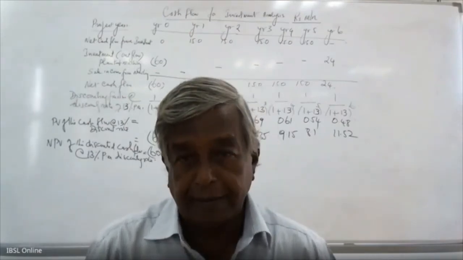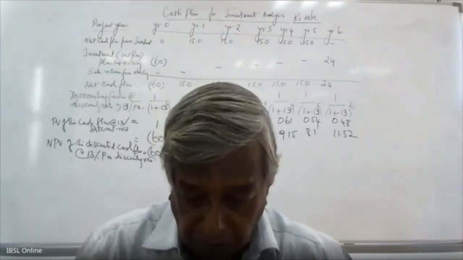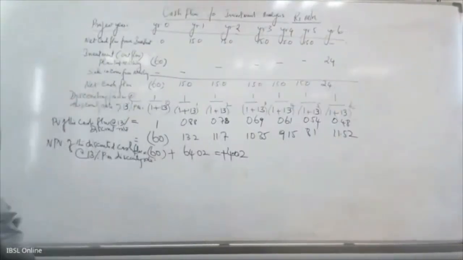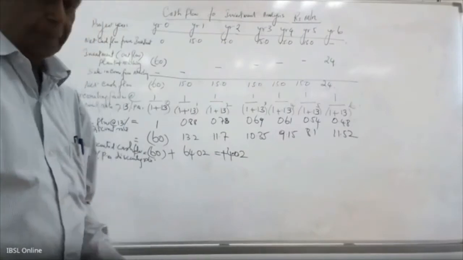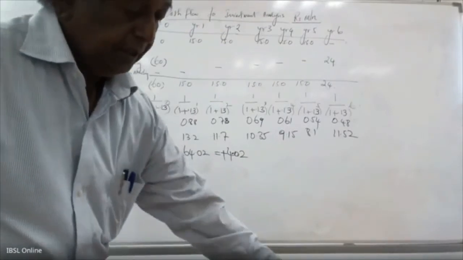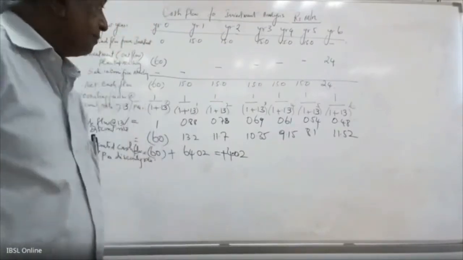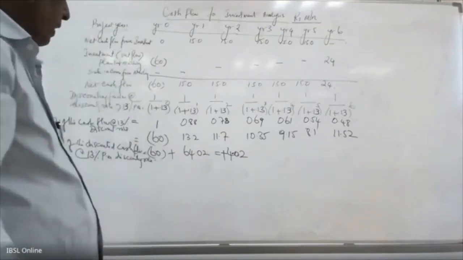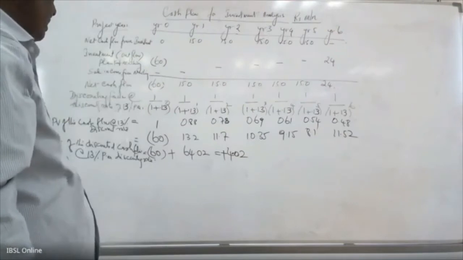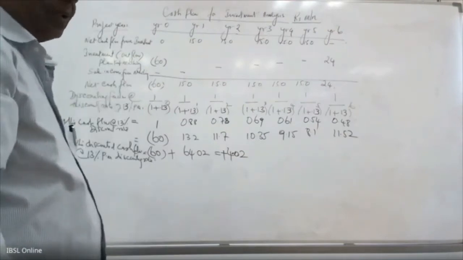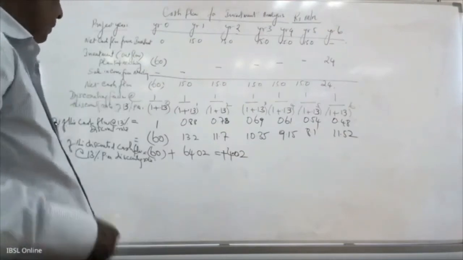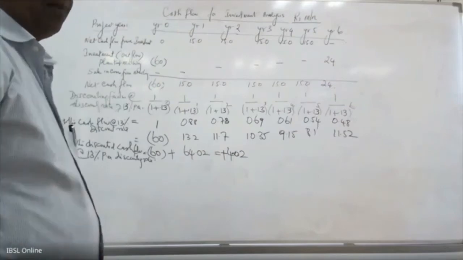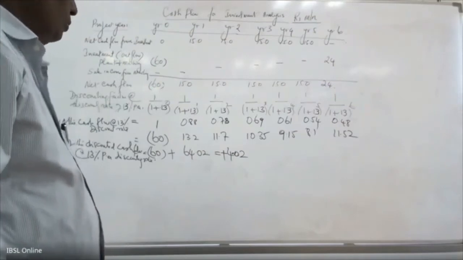Okay, let us continue now. I hope you have understood everything up to now. So at a discounting rate of 13%, it is beneficial to undertake this project because the NPV becomes positive, plus 4.02.